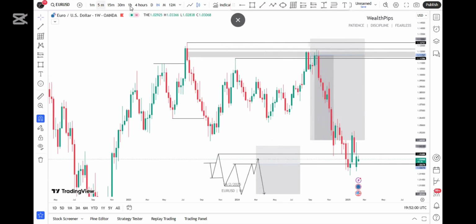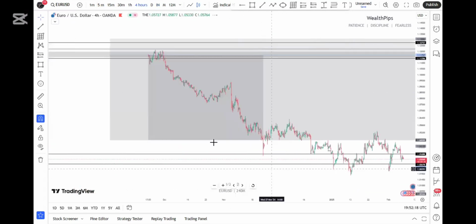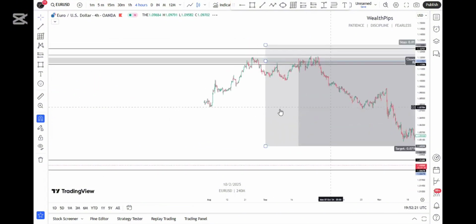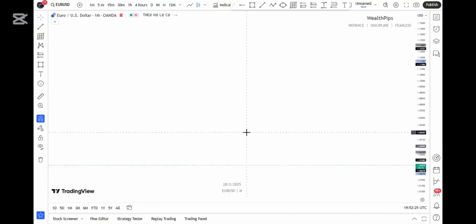I had to scale down to a lower time frame to look for a suitable position for me. You understand? I can do my analysis on the monthly time frame, but I can't take the trade on the monthly time frame.